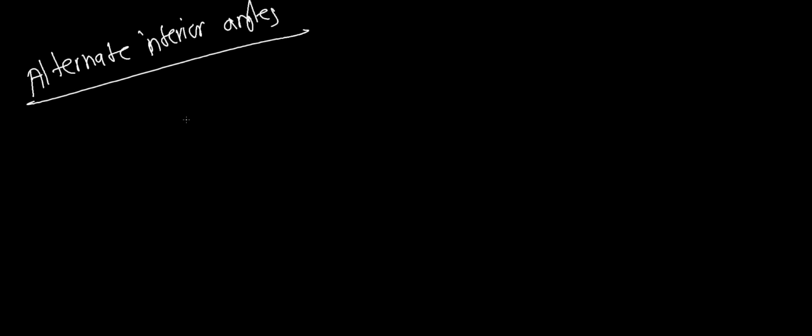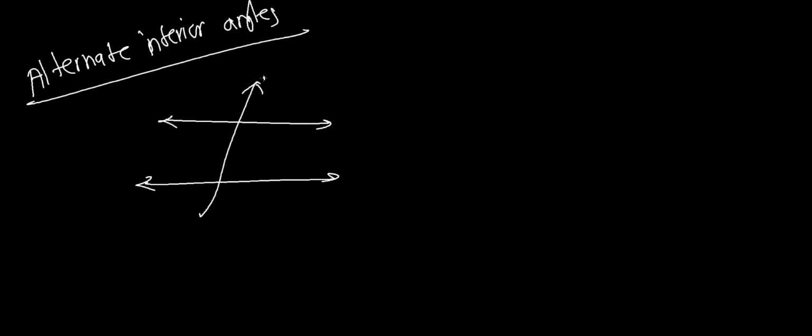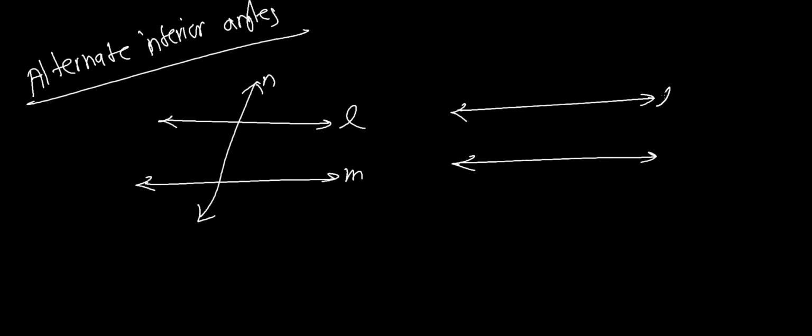So let's say this is our line N as a transversal, and line L and line M. Again, we will need this also. So the points are P and Q.